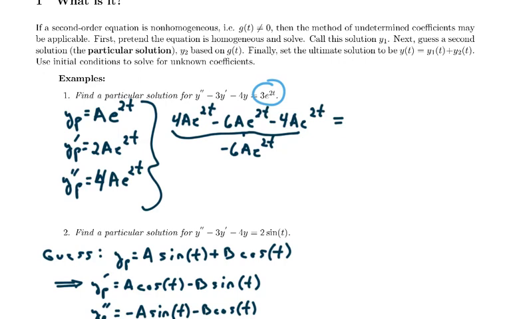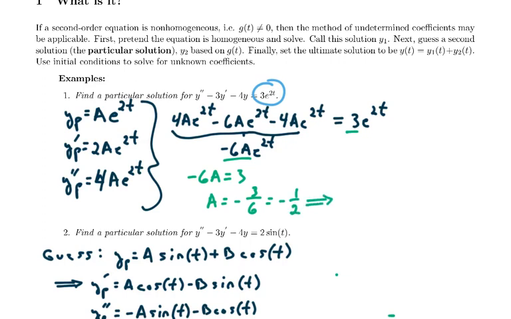Now, for my guess to be true, it must equal the right side, which is 3e to the 2t. And the only way that's going to be is if negative 6a is 3. And that is only going to happen when a is negative 3/6, or more simply, negative 1/2.